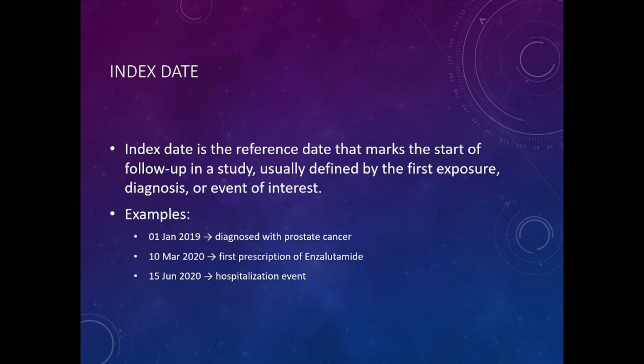This varies from study to study, and usually it's given to us in the SAP or protocol. Based on that, as a programmer, we go about deriving the index date. If it is, say, the advanced diagnosis of cancer, then we'll take the advanced diagnosis date as the index date. Advanced diagnosis can be stage 3B or stage 4, and it's usually provided to us.